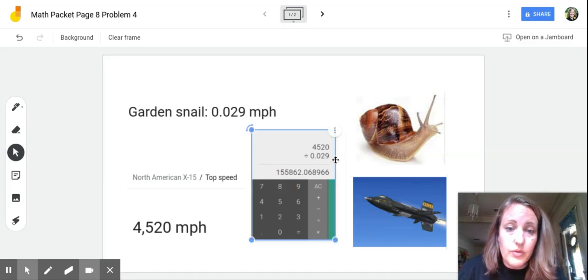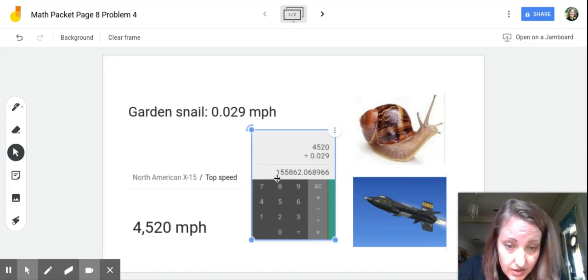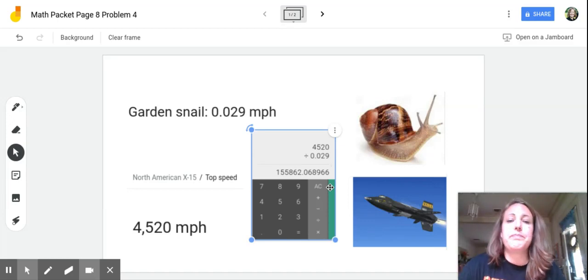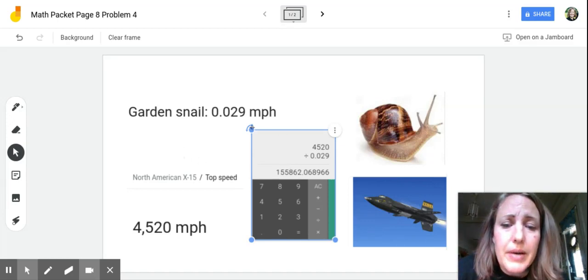Okay, so 4,520 divided by 29 thousandths is 155,862 and some change, right? If you think about it, the relationship between these two is about 150,000 times faster.